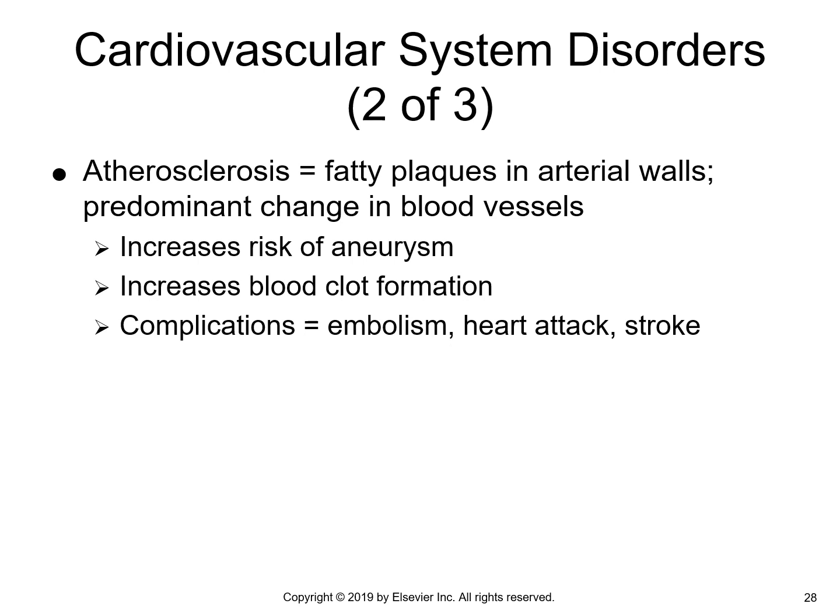So this hardening of the arteries, a thickening of the arterial wall, and the loss of elasticity can form aneurysms, it can form blood clots, and it can create choke points, which create turbulence.